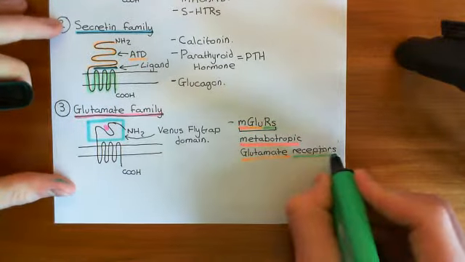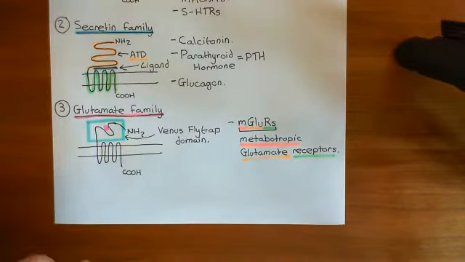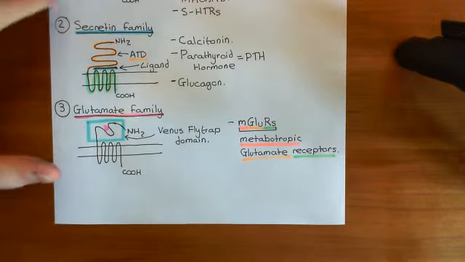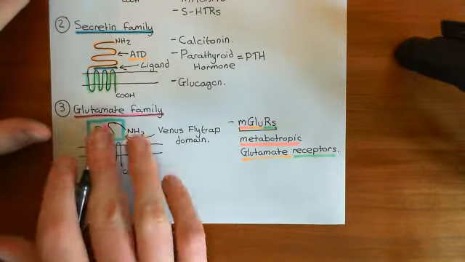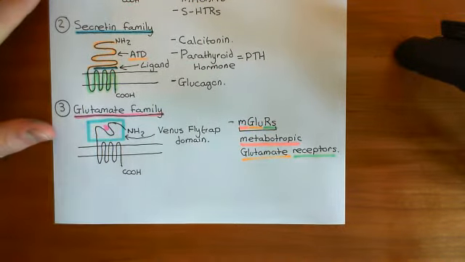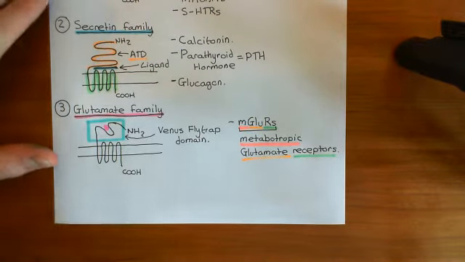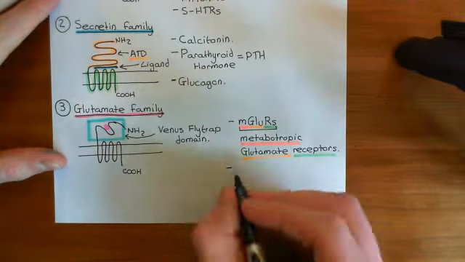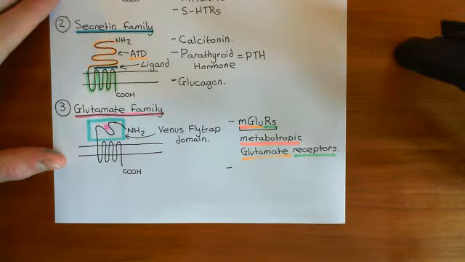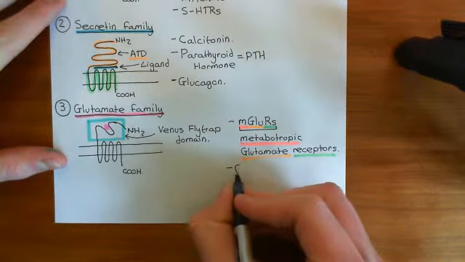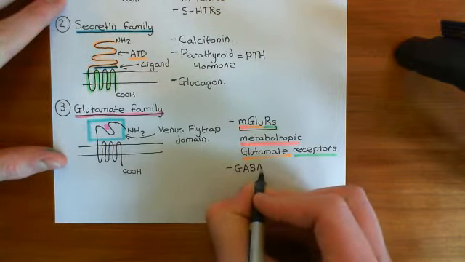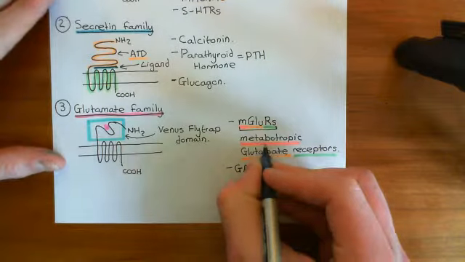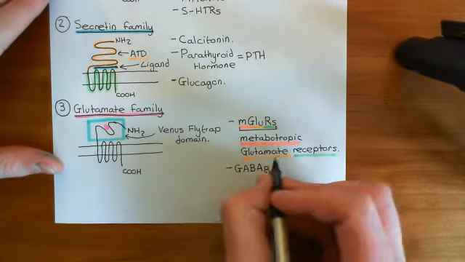There are 8 metabotropic glutamate receptors, and they are all receptors for glutamate that have one of these Venus flytrap domains within their amino terminal domain, which binds to the glutamate. Another family of receptors within this glutamate family of G-protein coupled receptors are the GABA B receptors. Now, glutamate is the most important excitatory neurotransmitter within the brain.